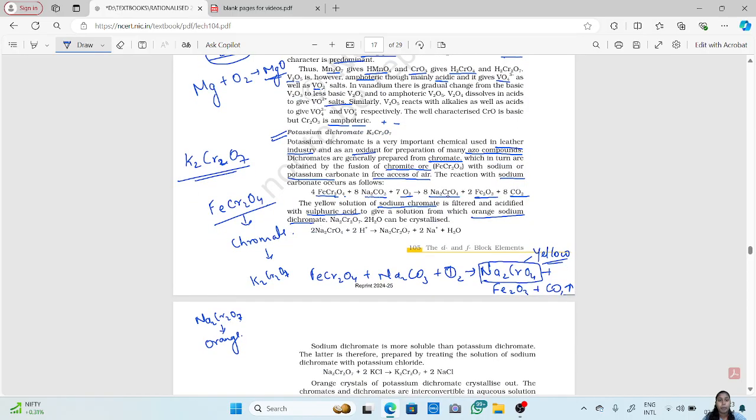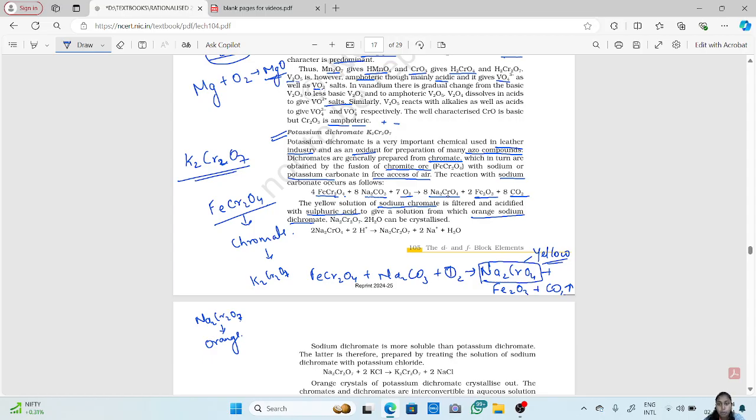For preparing potassium dichromate, first we have to prepare a chromate from chromite ore. Here we have taken iron chromite ore. To this ore we have added sodium carbonate, and it was done with free access of air, or in the open, so there is a passage of oxygen. In this we got sodium chromate, which is yellow in color. But we want dichromate, right?